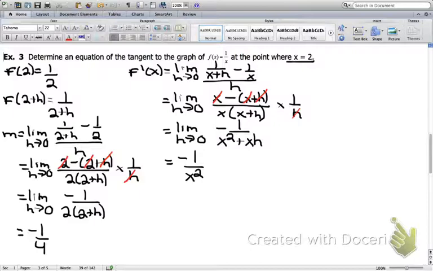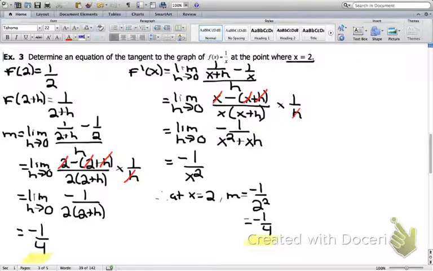So since I know this, I can say, therefore, at x equals 2, my slope is going to be equal to negative 1 over 2 squared, which will be equal to -1/4. Note that these are the same. So now you can see the continuation from Unit 1 to Unit 2.